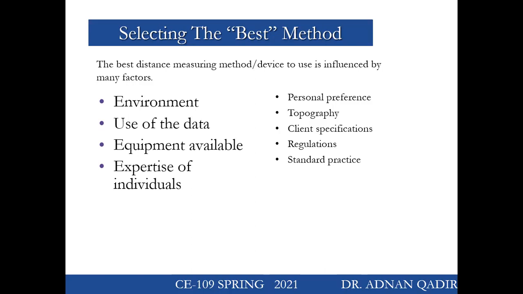Then, like drones nowadays, even though drones are very common, there are places that have geographic restrictions, like an airport. You cannot fly a drone at the airport because it may interfere with aircraft operations.